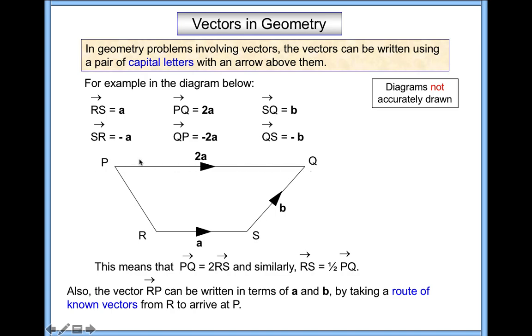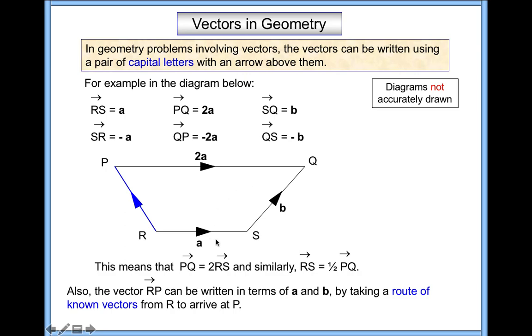Okay, the rule of vectors is go via a route of known vectors. I have highlighted vector RP in blue, so you will know what vector RP is.